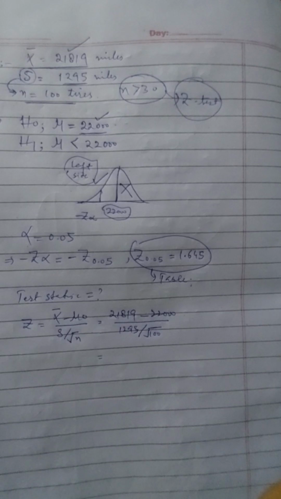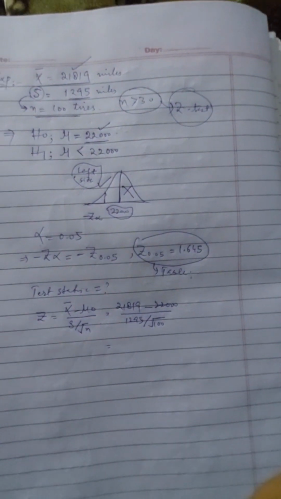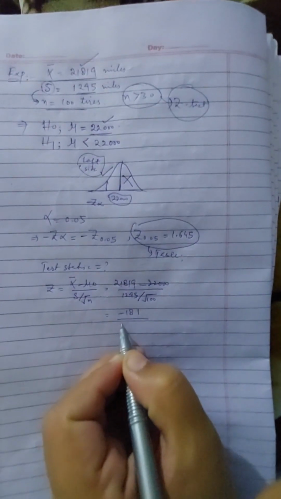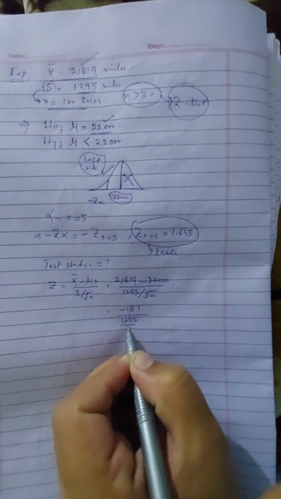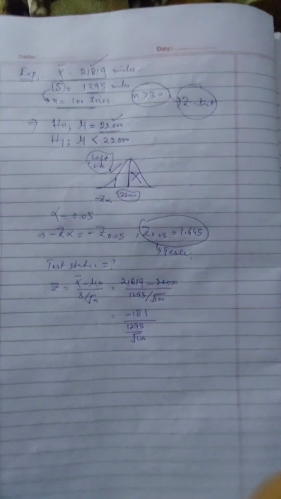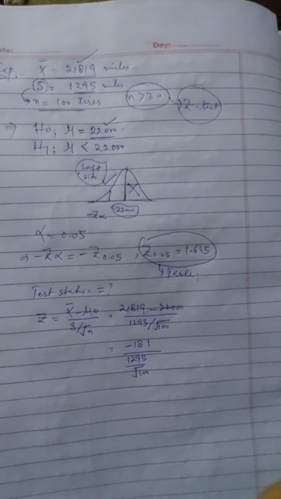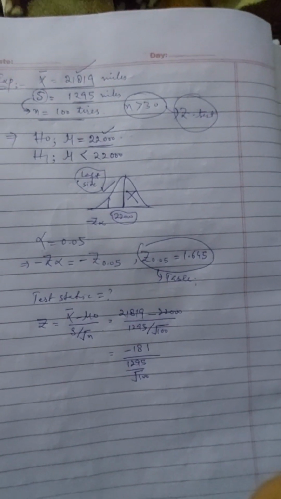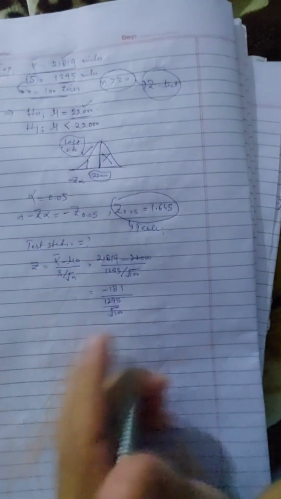21,819 minus 22,000 gives us minus 181, divided by 1,295 divided by the square root of 100.